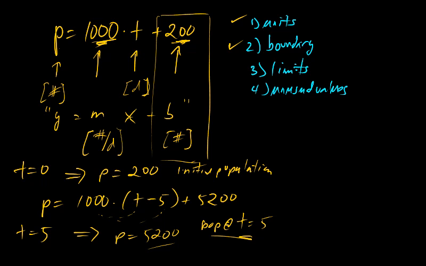Now, limits are things like what happens when t gets really big, say goes to infinity. Clearly, what happens here is we end up with population getting to infinity. What happens when t is negative infinity, go back in time? Population is negative infinity. Now that's one of the unusual values. So essentially, there are values for t such that the population goes negative, and that doesn't make any physical sense.